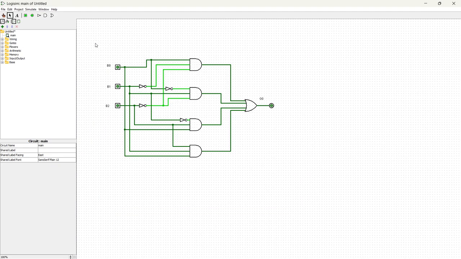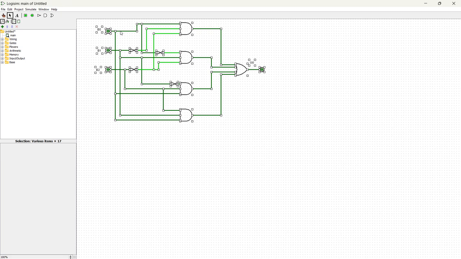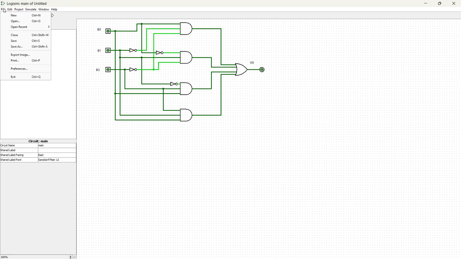Okay. So I need an answer from all of you. Just give a try to complete this logic circuit and let me know.